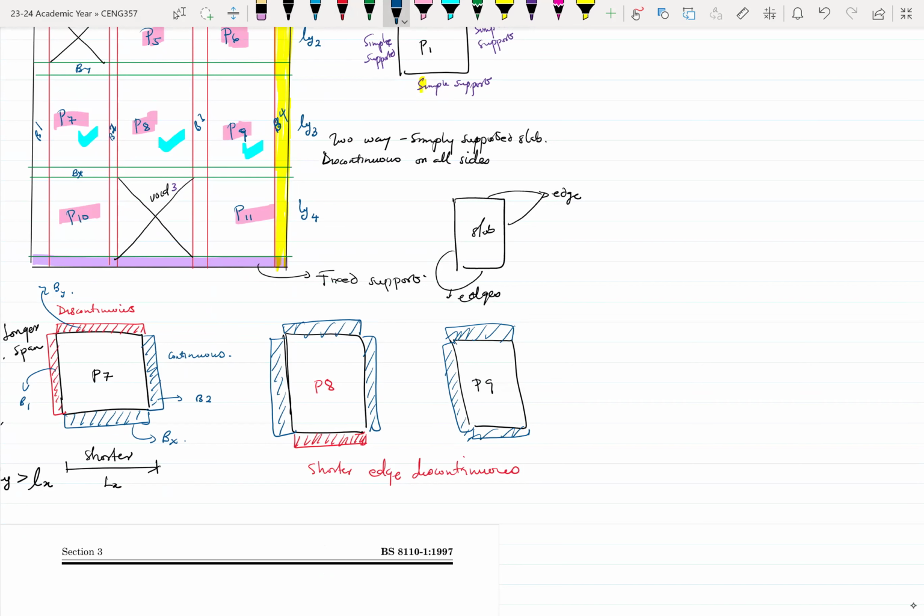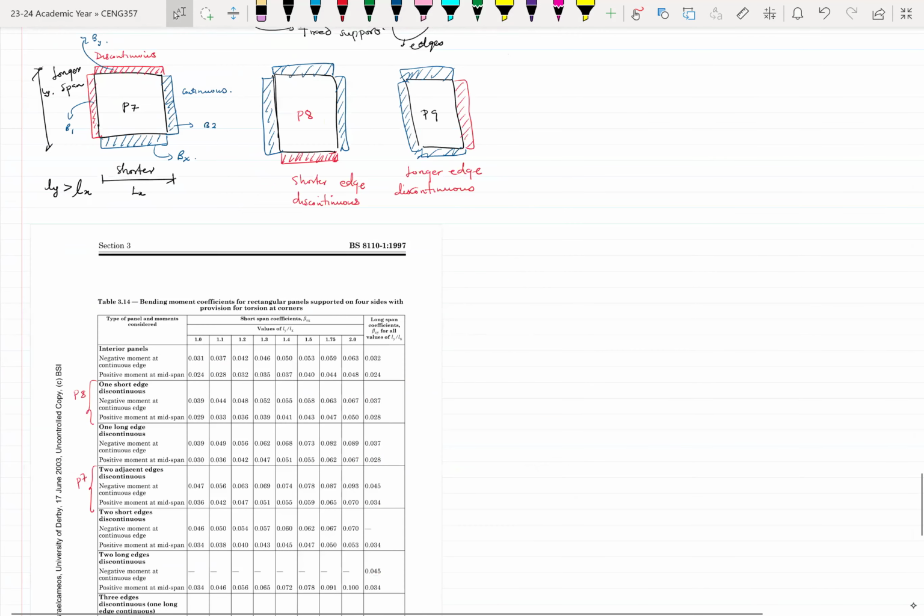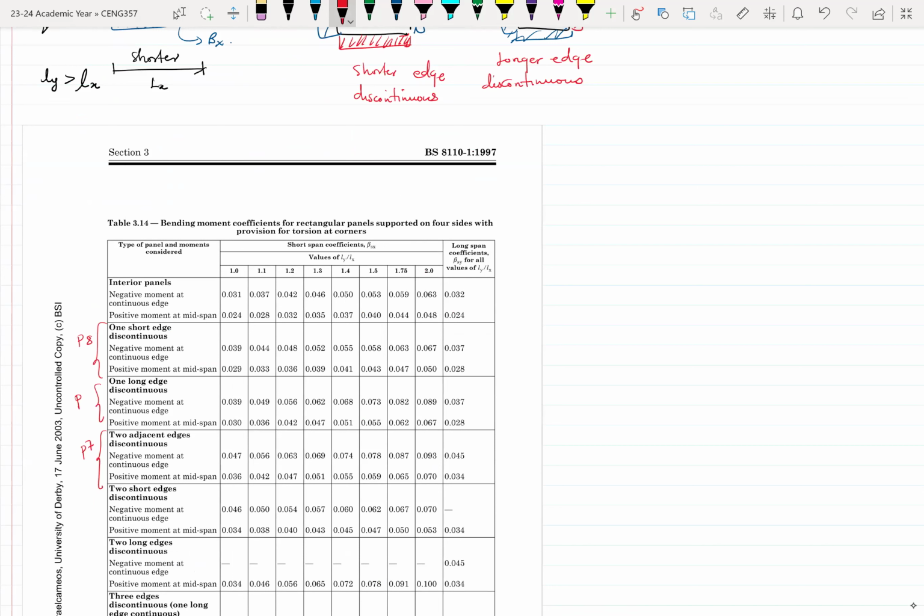Assuming that B4 is simply supported, then for panel 9 we have the longer edge discontinuous. So again, you have to come into this table, and this will be the panel you work with, B9.